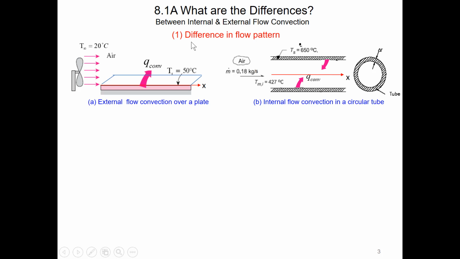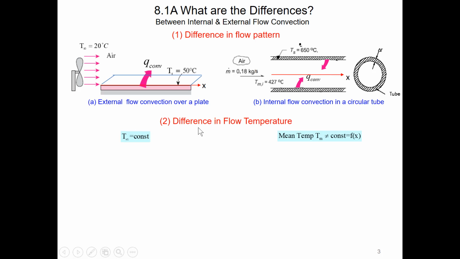The first difference is that external flow convection is between the solid surface and the moving fluid around it, but internal flow convection is between the inner solid surface of the tube and the moving fluid bounded by it.